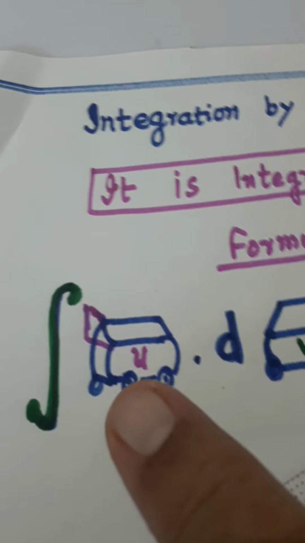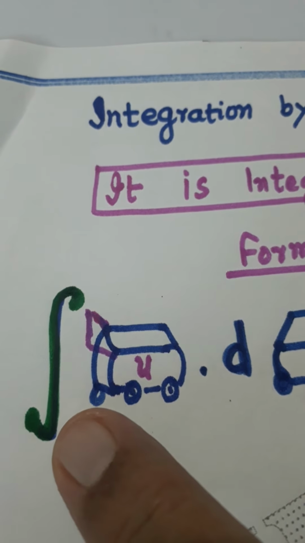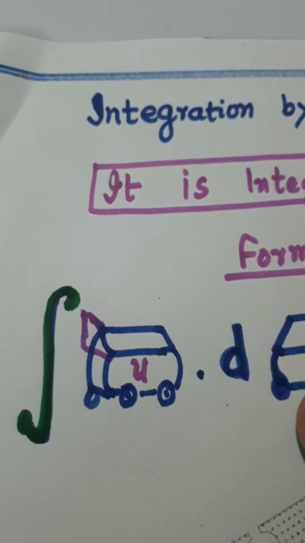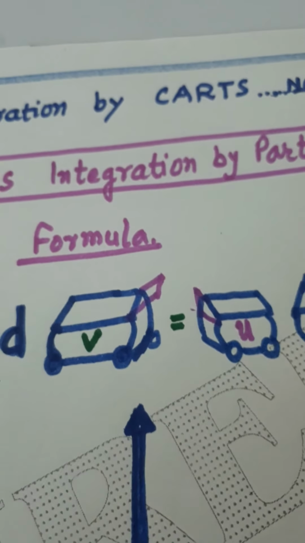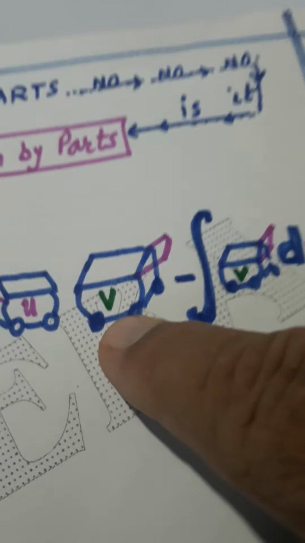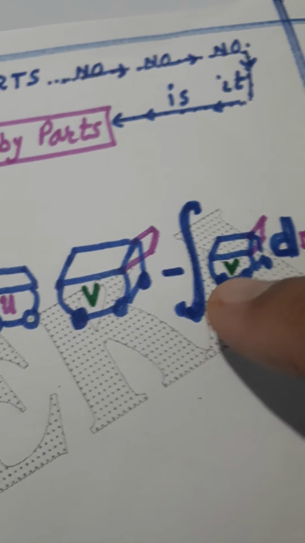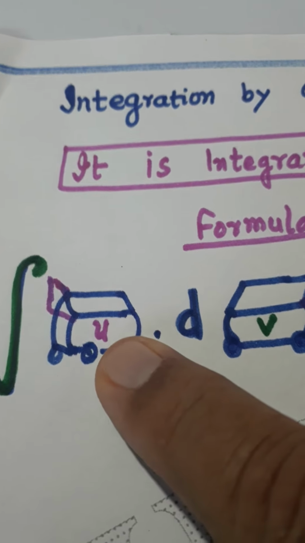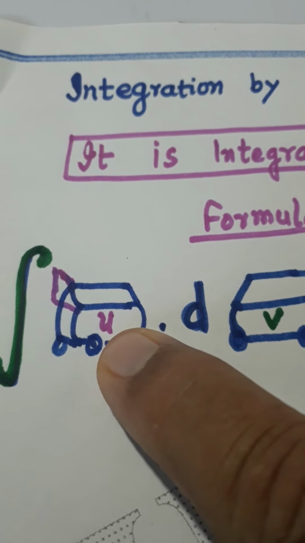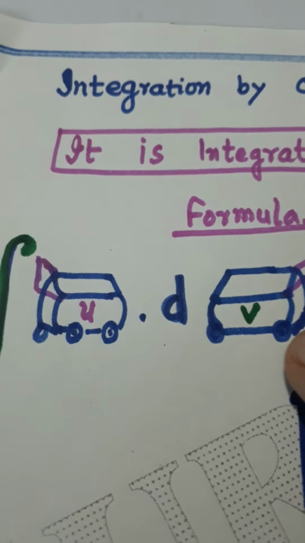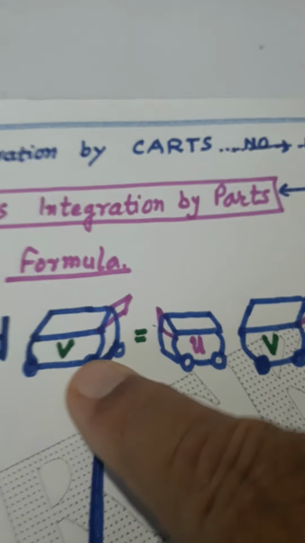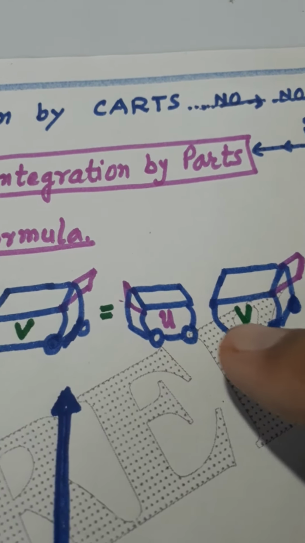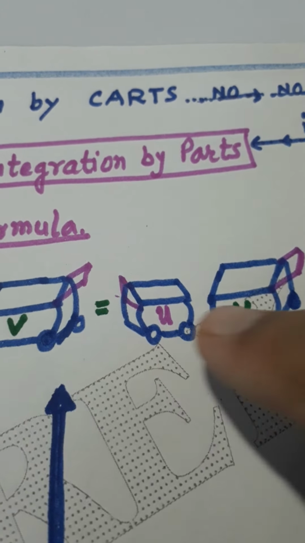Now look at the formula, as you know: integration u dv is equal to uv minus integration of v du. So what you observe, the function u has been written and v has been written as a card. So here u is there, v is there, card is there, card is there.